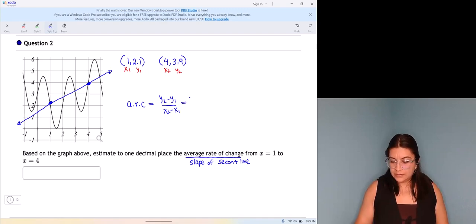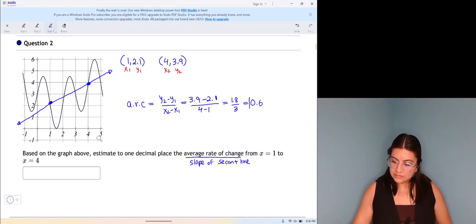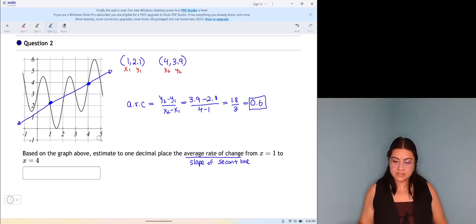We get 3.9 minus 2.1 divided by 4 minus 1, which is 1.8 divided by 3, and that is 0.6. So the average rate of change from 1 to 4 is 0.6.